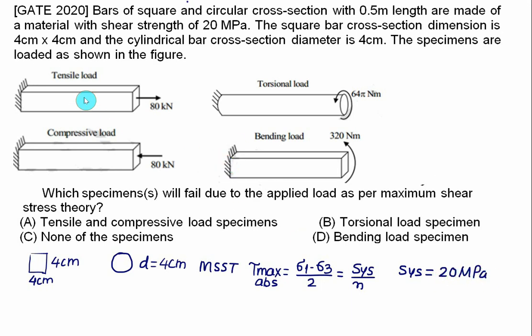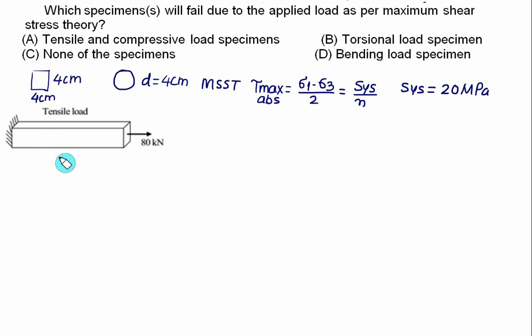First we'll take the tensile load, and the length of the member is 0.5 meter. The length of the member has nothing to do with it because the torsion remains constant and the bending moment remains constant. This will develop the compressive stress and this will develop the tensile stress. When we have a tensile load, it will produce the normal stress, sigma equals force upon area.